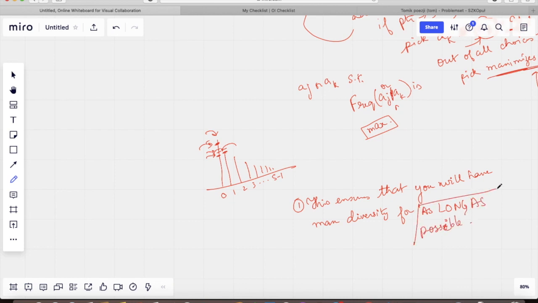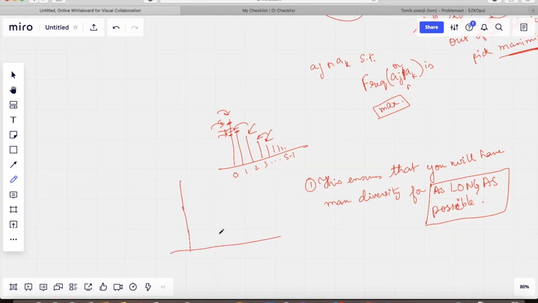This is also very important. You want to have your diversity at the maximum for as long as possible. I mean, in this scenario, you could have just taken anything from here, and the diversity would have remained the same. But then, if you keep taking from something smaller, then at some point, you will soon realize that, let's say, there is this huge tower.